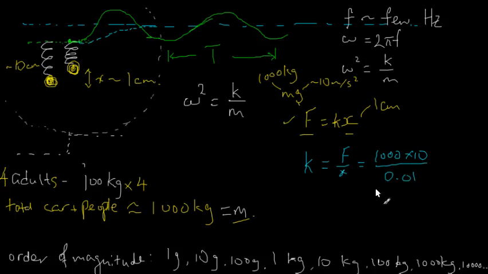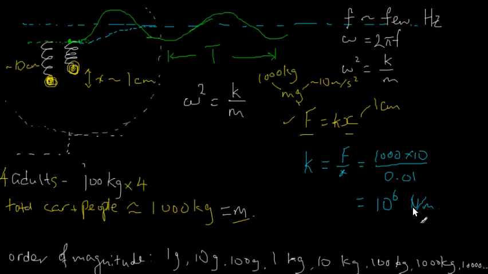Now we can find the number. We're talking about 1, 2, 3, 4, 5, 6 with 6 zeros. This is 10 to the power of 6, and the units will be newtons per meter.